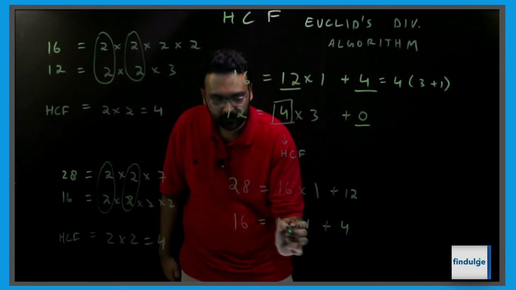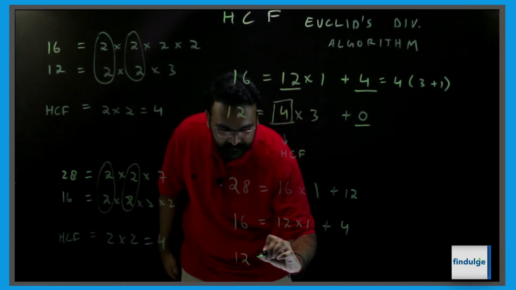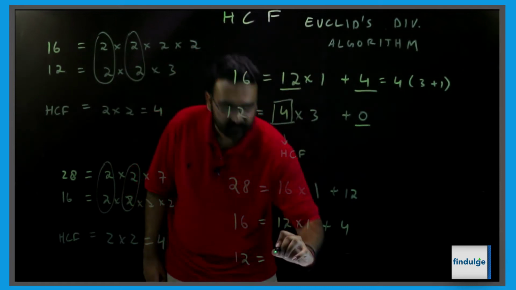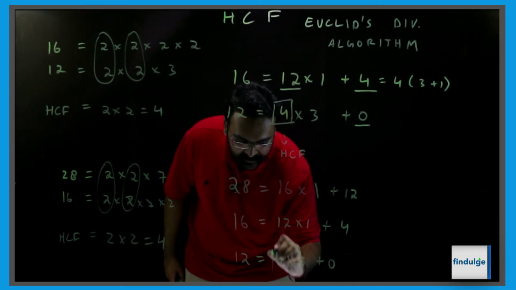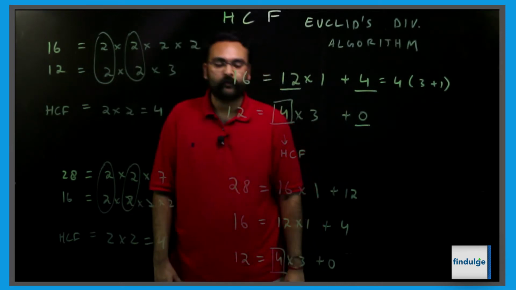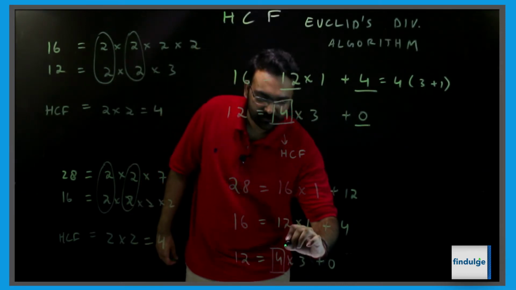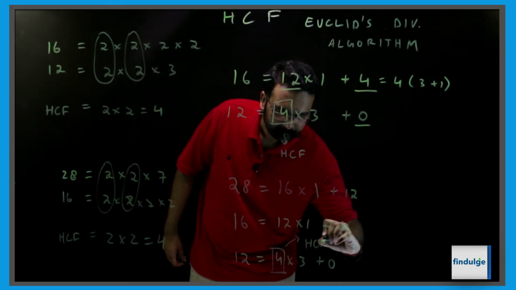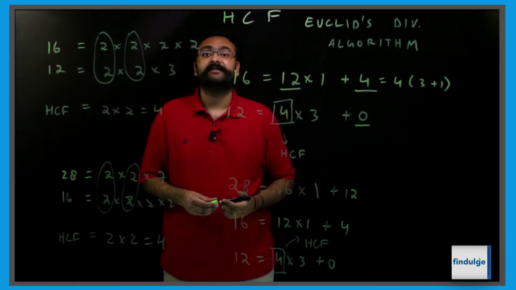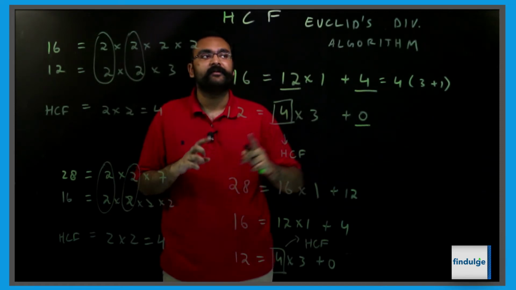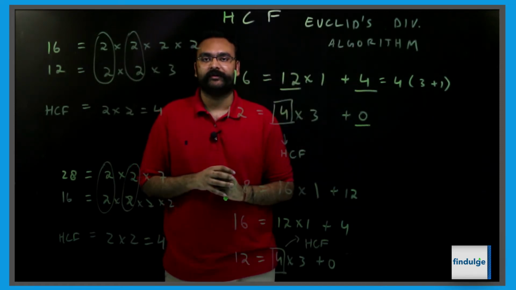The remainder is not 0. 12 is equal to 4 into 3 plus 0. So once again, 4 is our HCF. So in both cases, 4, 4. This is how to calculate the HCF from Euclid's division algorithm.